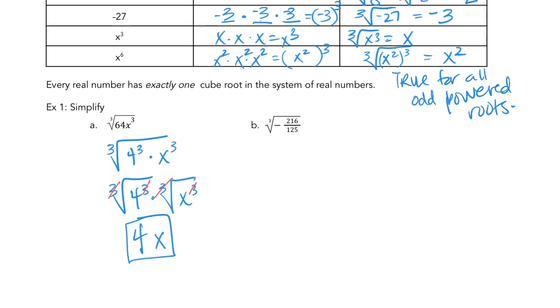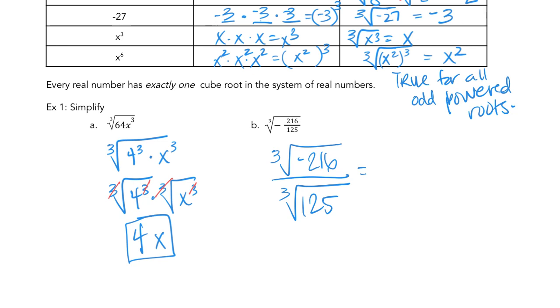Part B. For this one, same idea, except I have a fraction. So I can split this apart into a top and a bottom. Now the negative, I can decide to put it on the top or on the bottom. It doesn't matter. I like to put it on the top personally. And is 216 a perfect cube?